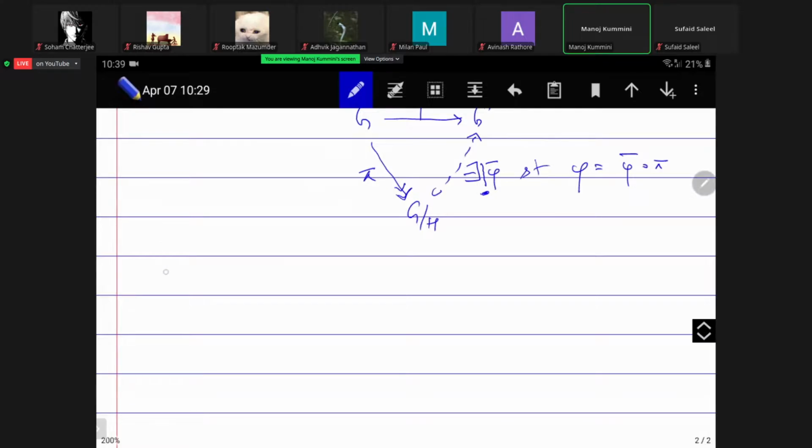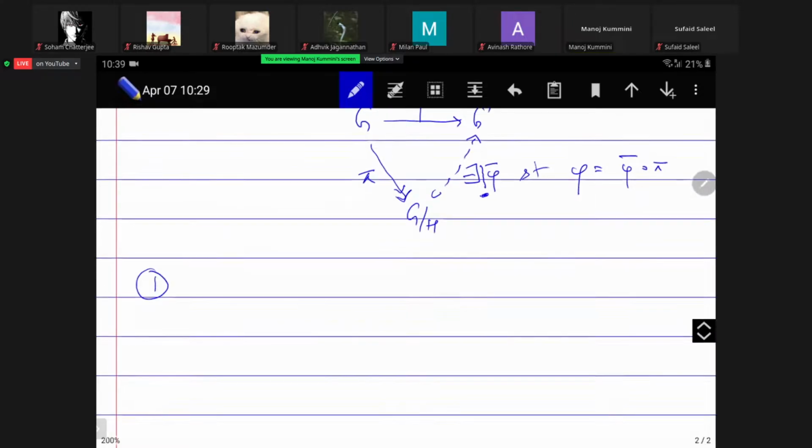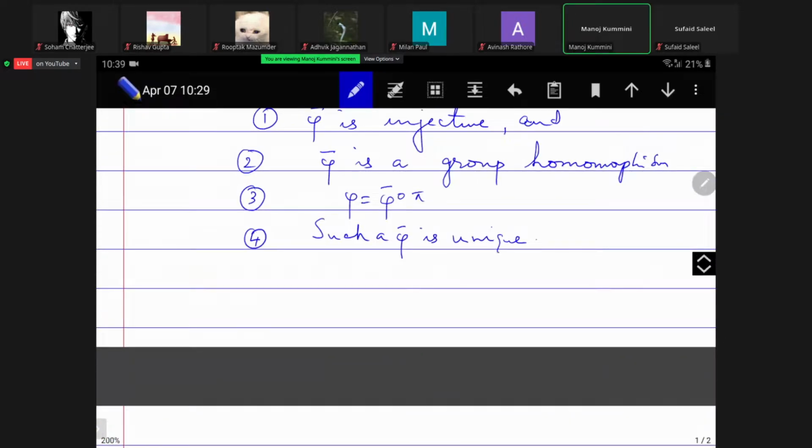So 3 just follows from how we have defined it. Correct. Both 1, 3, and 4 actually follow from the definitions. They hold at the level of functions between sets.